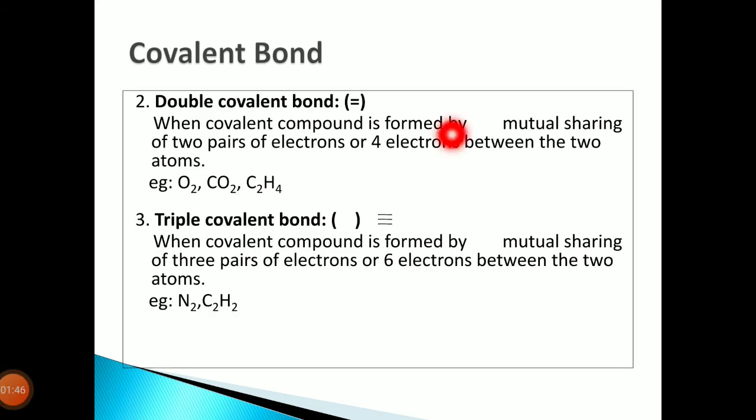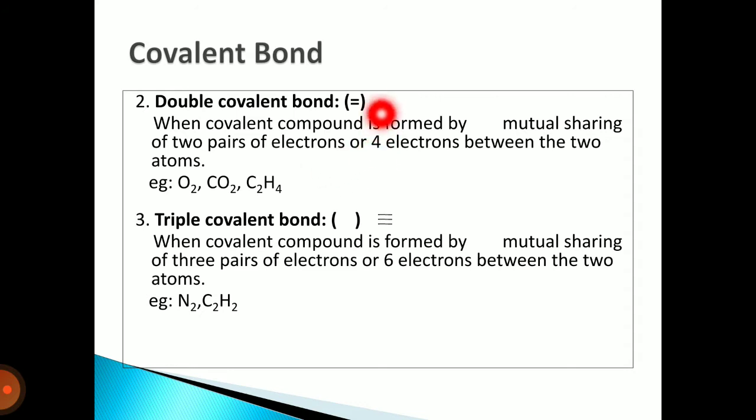The second type of covalent bond is the double covalent bond, represented as a double dash between the two combining atoms. When a covalent compound is formed by mutual sharing of two pairs of electrons, or four electrons altogether, between the two combining atoms, then the bond formed is called a double covalent bond.